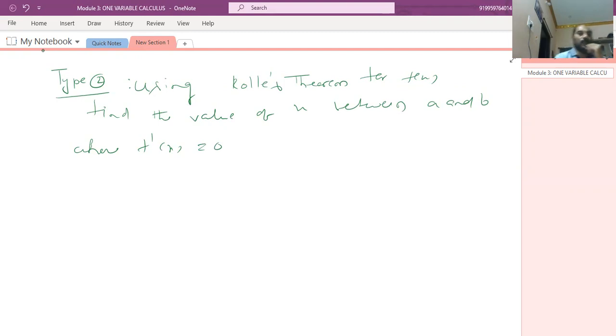Here, no need to verify the hypothesis. Just prove the conclusion. That means find the c value.